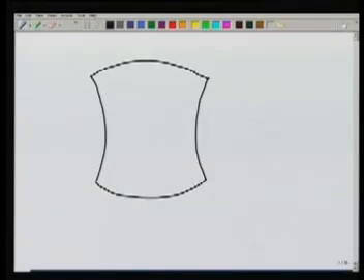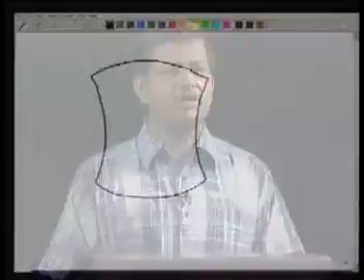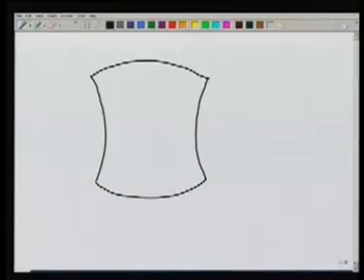So let's say I have a domain which is like this. It has all these curved edges, okay, and I want to make a mesh of 4 quadrilateral elements on this domain. So what will I do?